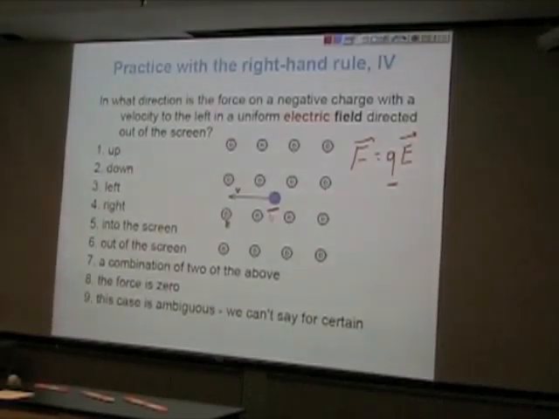So if the field points into the screen, the force points out. In this situation, this electric force is not related to velocity at all. It's related to the charge and the field only. Very good question.